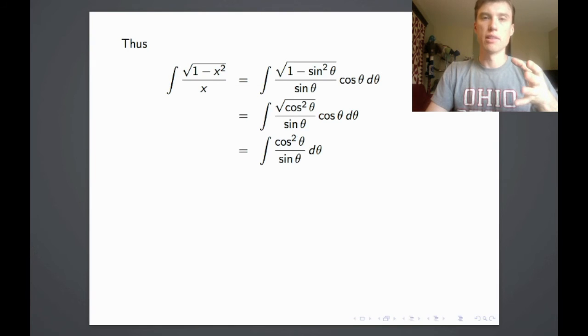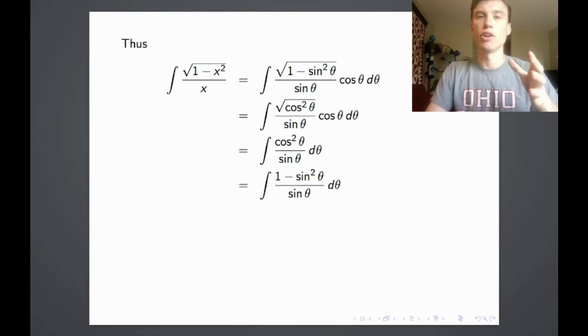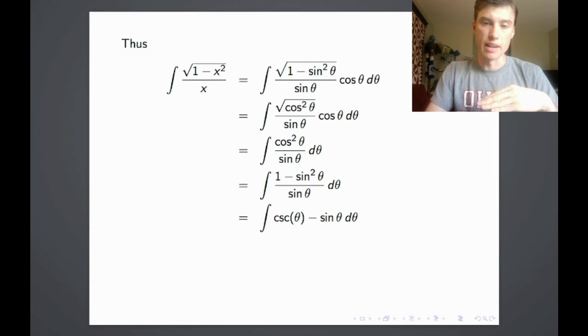The correct line of thinking will be to substitute for cosine squared theta 1 minus sine squared theta. We can then decompose this fraction into two fractions, 1 over sine theta minus sine squared theta over sine theta. 1 over sine theta is exactly cosecant theta, and sine squared theta divided by sine theta is sine theta.